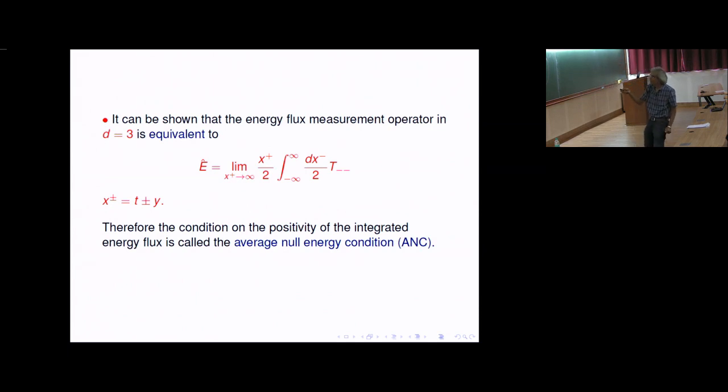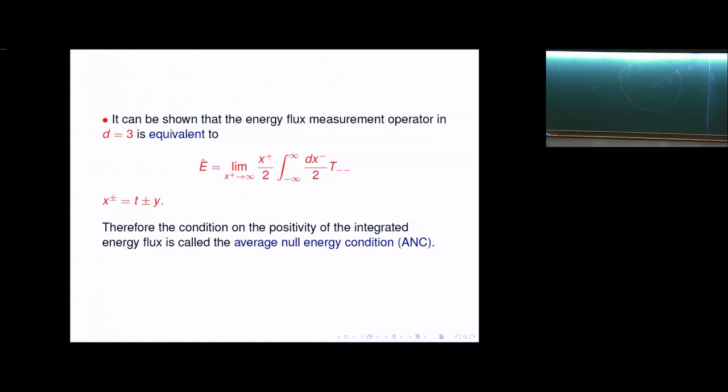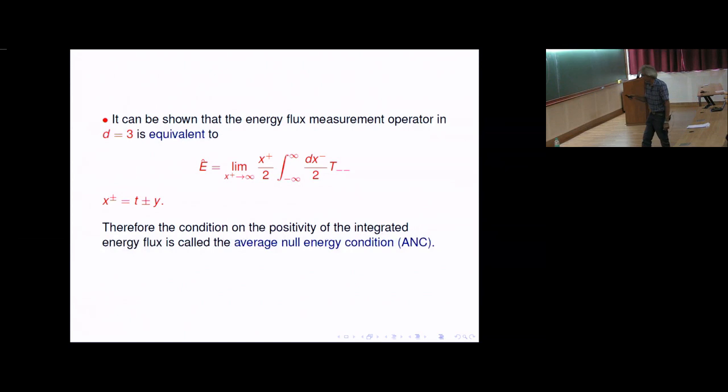So it reduces to this integral, instead of just on the sphere. This is a non-trivial fact. I think Hofman and Maldacena show this. In the CFT itself, there's nothing else. Everything is CFT. The condition on positivity of this integrated energy flux is called the average null energy condition.